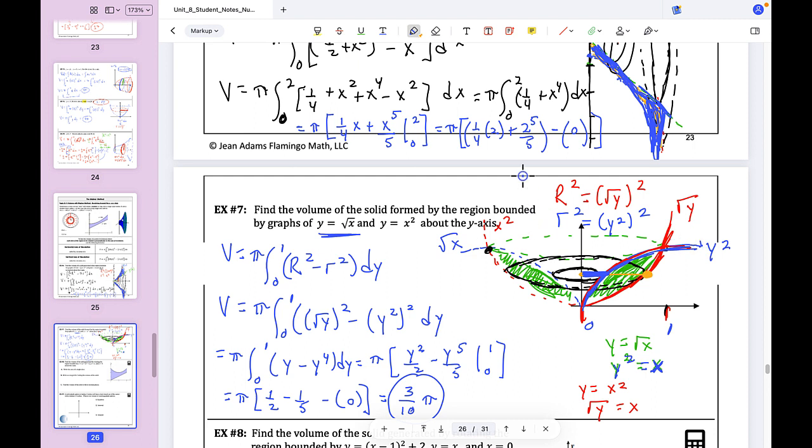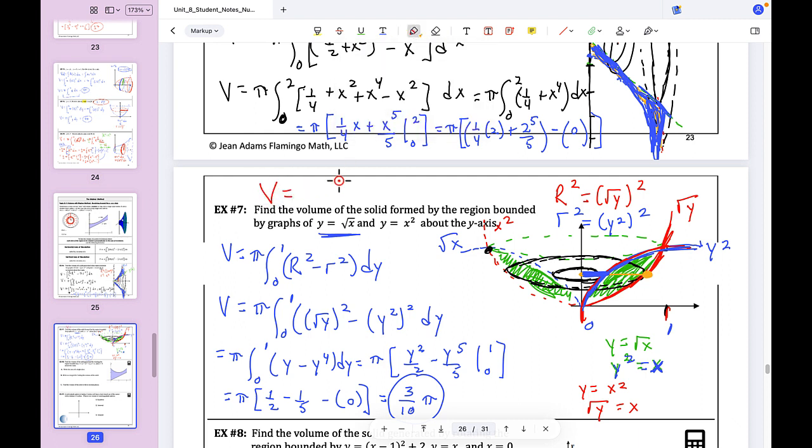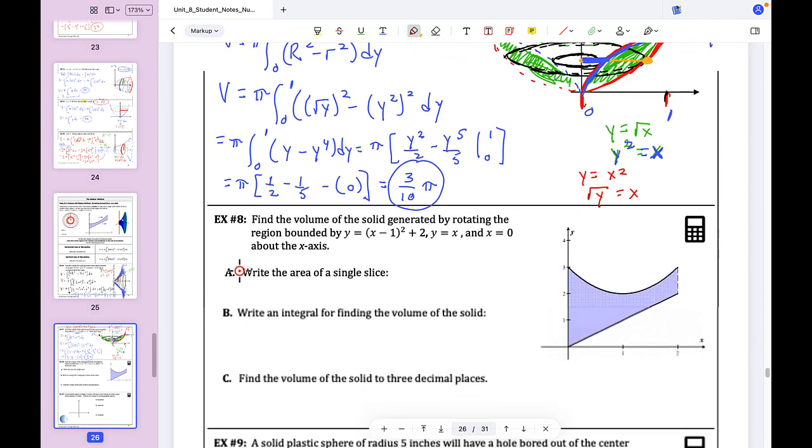And remember, the volume, when we have a washer method, is going to be the integral of pi big R squared, that's the larger cylinder, minus pi little r squared, that's the smaller cylinder. This is the area function, pi r squared dx or dy, depending on which it is. So we're factoring the pi out of there, so we just have big R squared minus little r squared. Okay, let's continue looking at more examples.